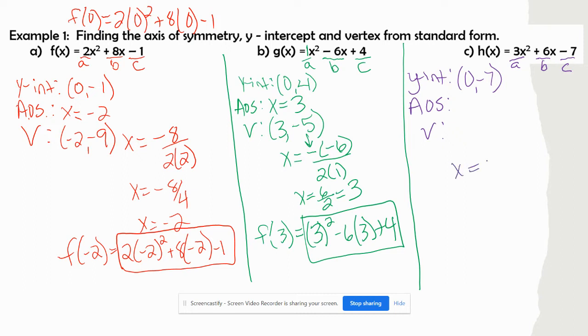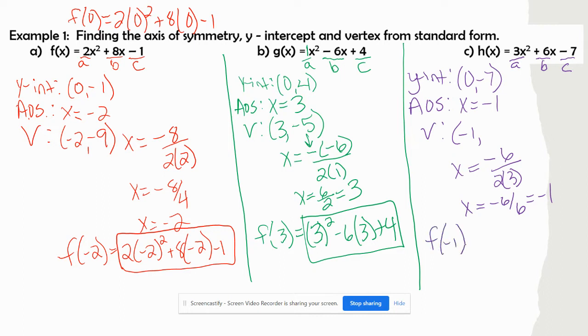Start with the vertex formula. We have x equals negative b over 2a. That's negative 6 over 6, which is negative 1. Our axis of symmetry is x equals negative 1. The x value of our vertex is negative 1.